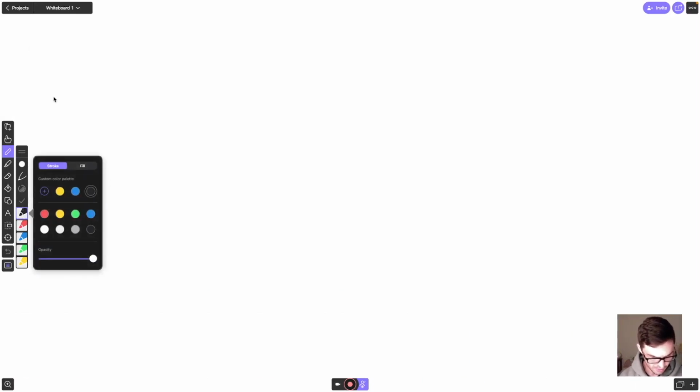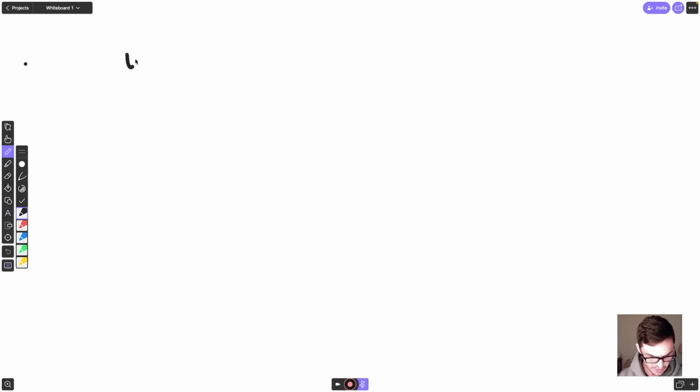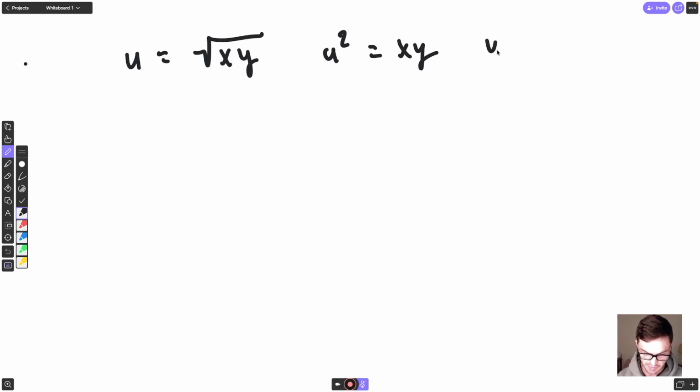Okay, so we had a utility function, and it used to be the square root of x times y, where x was the price in the future and y was the price today, or cash flows, right? And then we squared both sides, so we had u squared is equal to xy, and then we divided both sides by x, and we had u squared over x is equal to y, right? So that was our utility function in 2D.